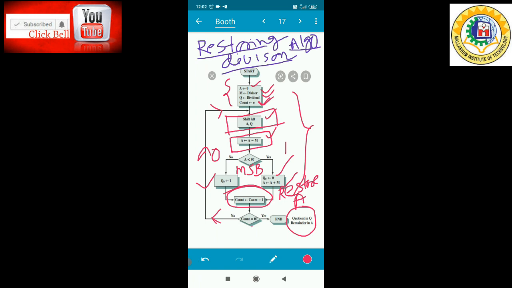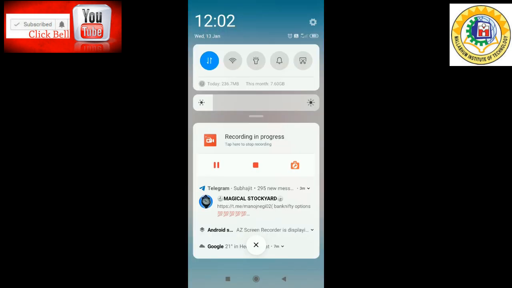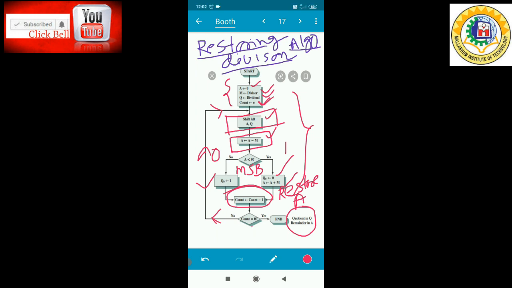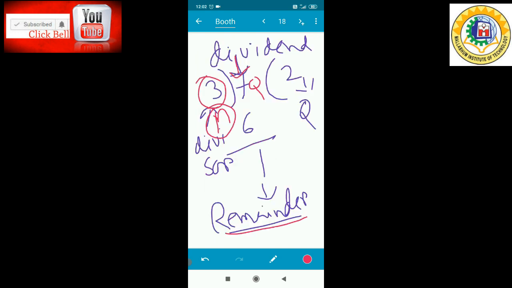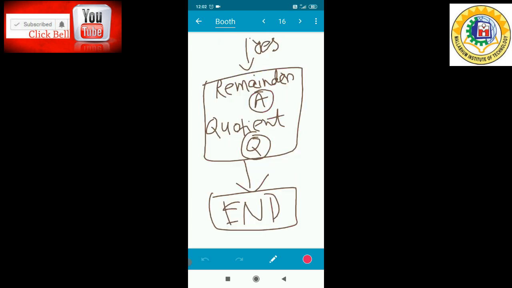Next, we take a practical example to see how unsigned numbers can be divided with the help of this algorithm. Before that, let's again take the vital points in the algorithm. We first define three variables A, M and Q. In Q you store the dividend, and in M the divisor has to be stored.